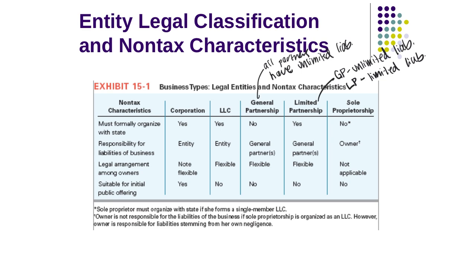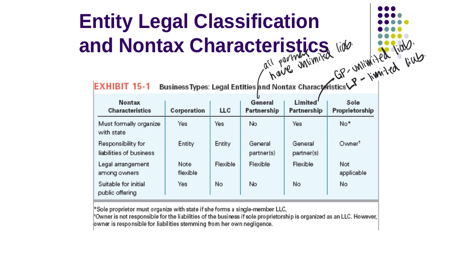For all of the other entities that do have a legal arrangement, LLCs, general partnerships, and limited partnerships, those are pretty flexible if anything needed to be changed within that arrangement. The only downside, I guess, is from the corporation perspective: once that arrangement is made, it is harder to make a change or an update to that legal arrangement.